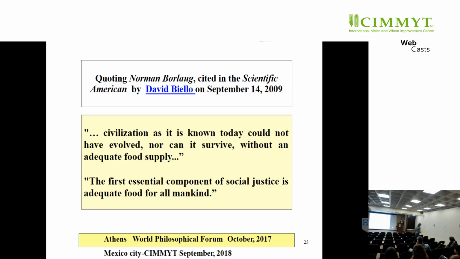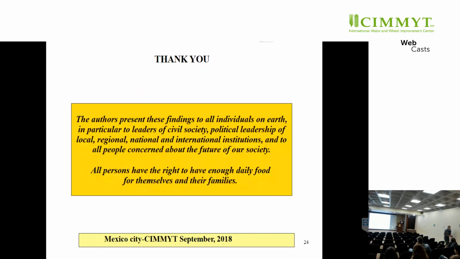So one of our conclusions is that indeed, if we do not find a solution for food availability, it will be a source of great problems. We have seen them already. It is said that in Rwanda, 15 or 20 years ago, the conflict started over food availability.